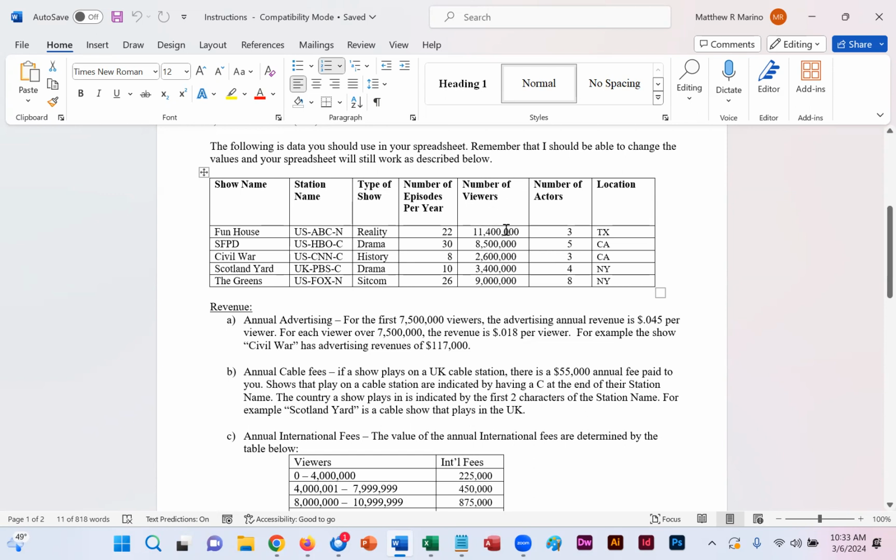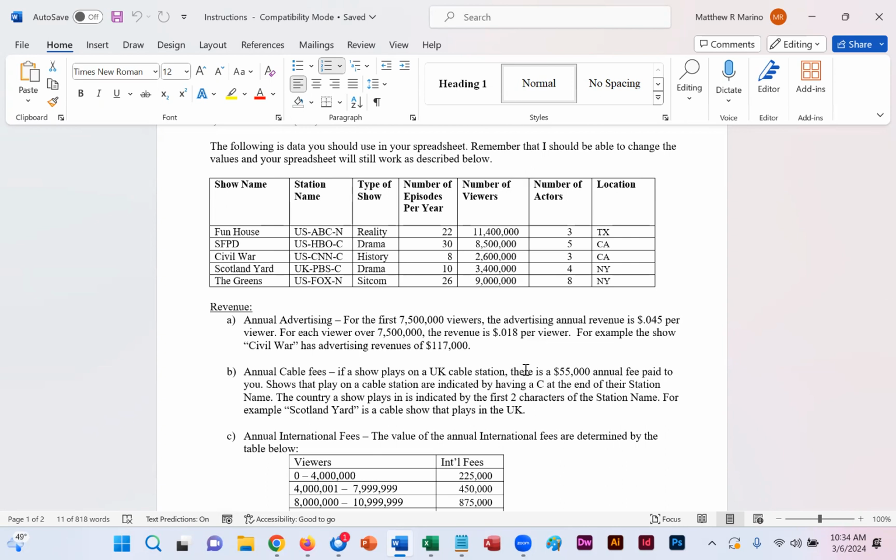So if E2 is less than 7.5 million viewers, comma, then you just multiply whatever the number is here times this number here, the little less than 5 cents, comma, if it's not less than 7.5 million, then you would do 7.5 million times the little less than 5 cents plus whatever your number here is in column E minus 7.5 million times the little less than 2 cents.